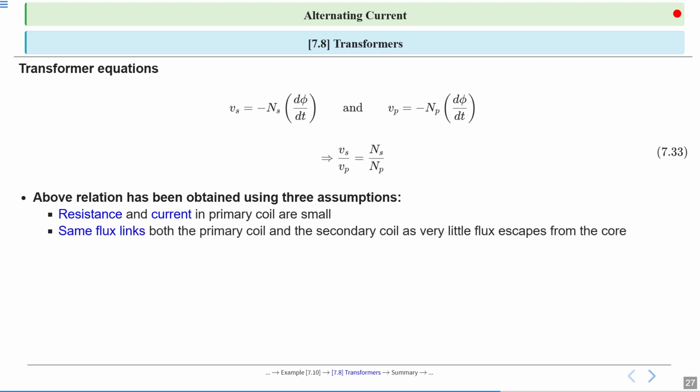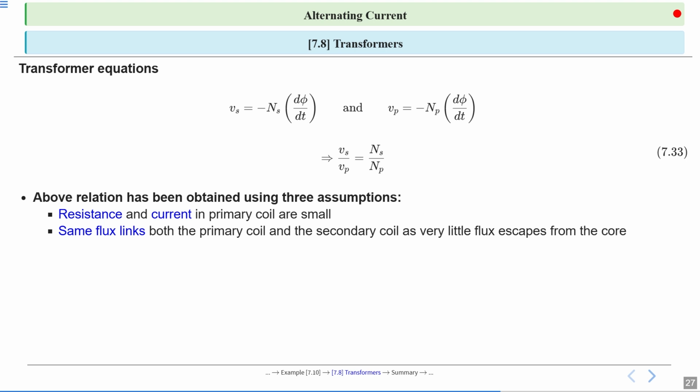The second assumption is that the same flux links both the primary and secondary coil. We have taken this to take the ratio. We have assumed that the flux linked with the primary coil is equal to the flux linked with the secondary coil, which is only for the ideal condition.